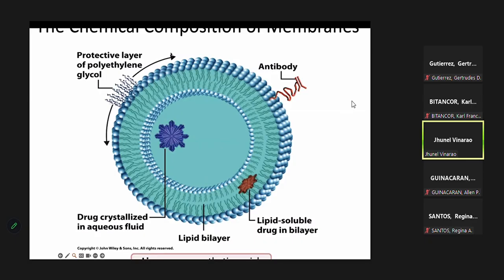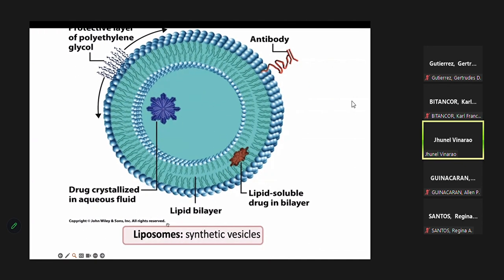So that acid might degrade or destroy or denature yung inyong target proteins or molecules. So one way to protect our drug is to enclose it. And one of the easiest ways is to make a synthetic vesicle.